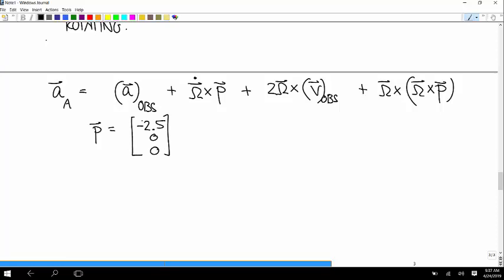The coordinate system is rotating. What's the angular velocity of the coordinate system? It's still 0, pi, 0. Yep.